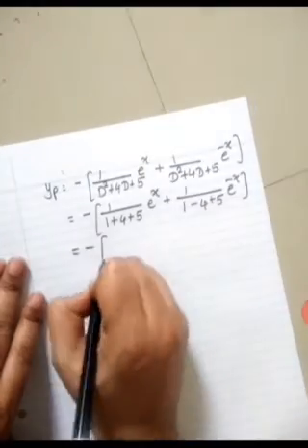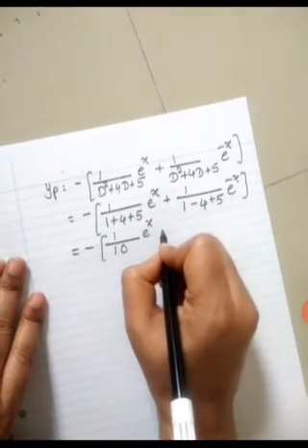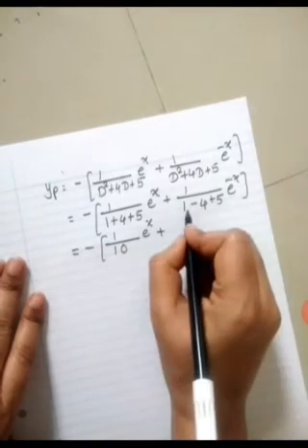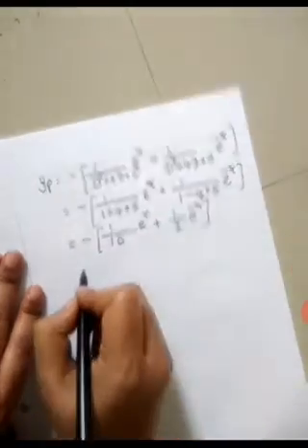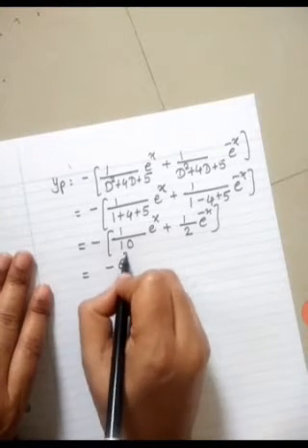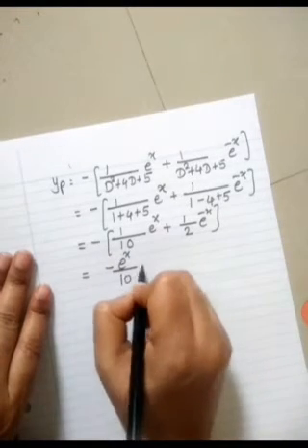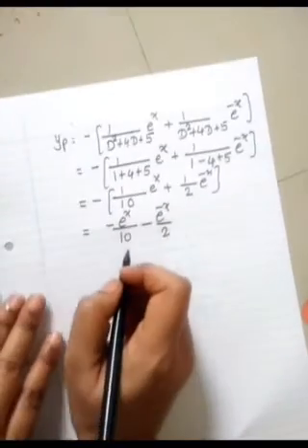That is minus 1 upon 10 e raised to x plus 1 upon 2 e raised to minus x. So your answer will be minus e raised to x by 10 minus e raised to minus x by 2. That minus sign we have taken inside.